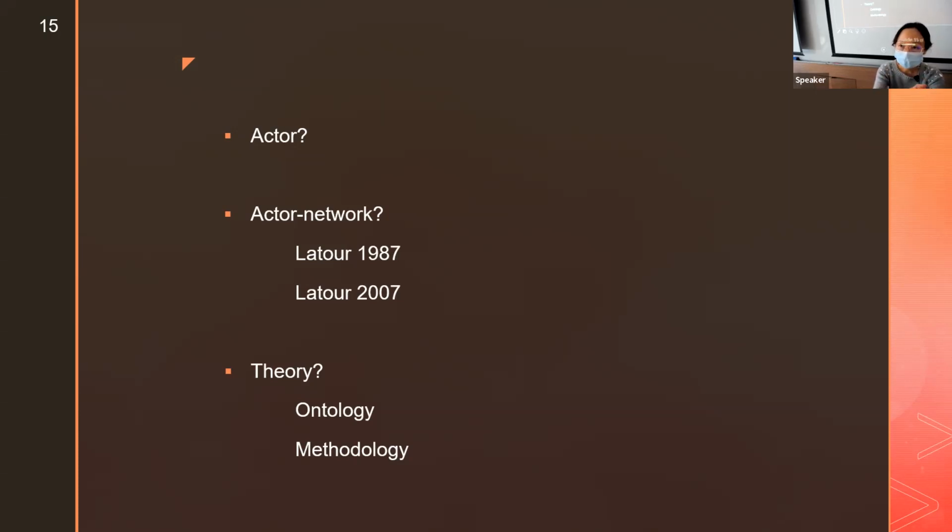But in his later monograph, Reassembling the Social, he turned to emphasize the unpredictability and heterogeneity of the actor network, and he never mentioned that star-shaped configuration.